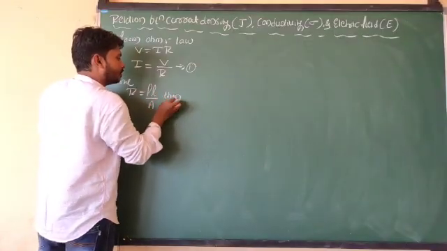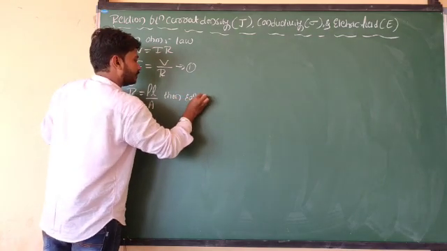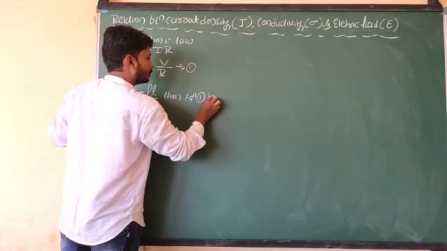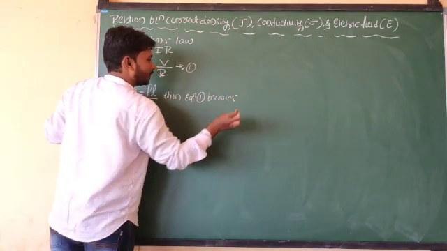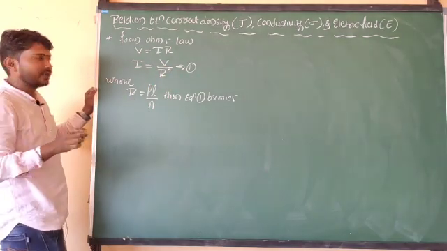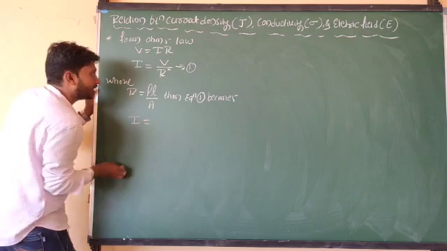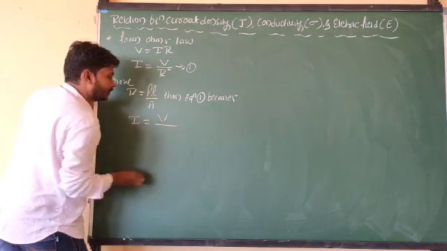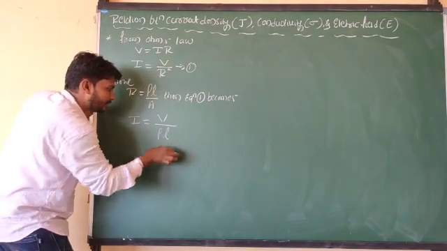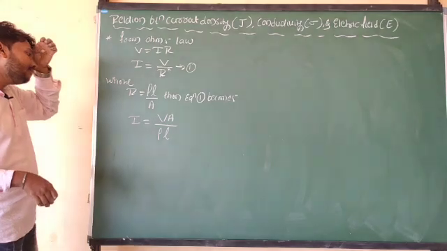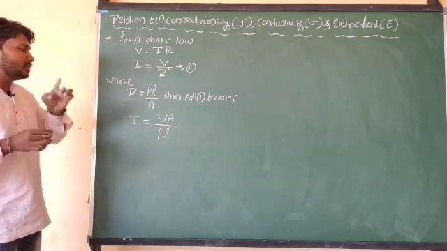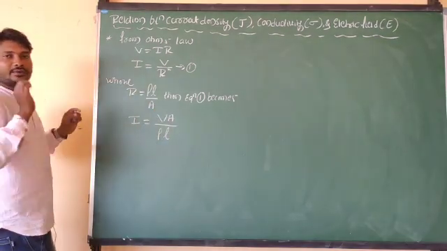Then equation 1 becomes, wherever R is there in equation 1, I will fill in rho L by A. Then I can rewrite equation 1 as I is equal to V divided by rho into L divided by A, so I is equal to V into A divided by rho into L. Now I will take the A term to the left side.